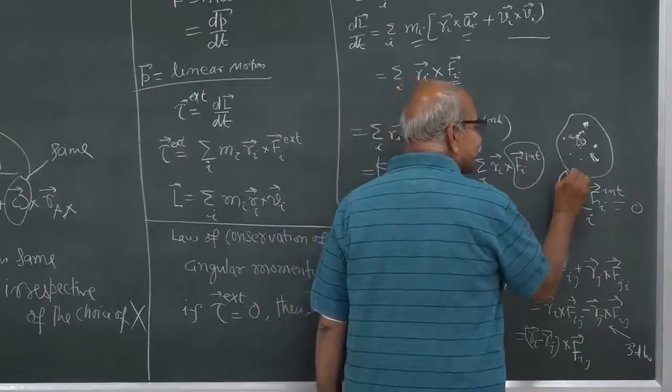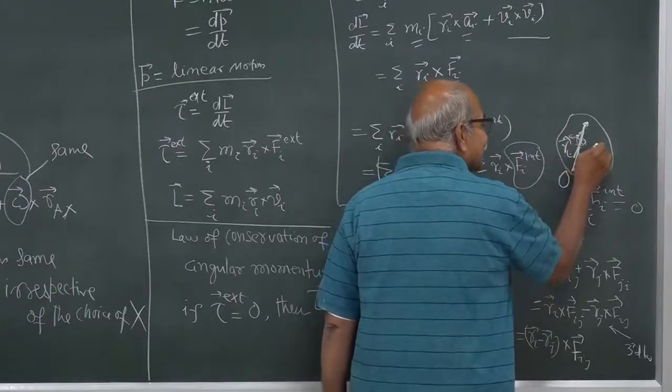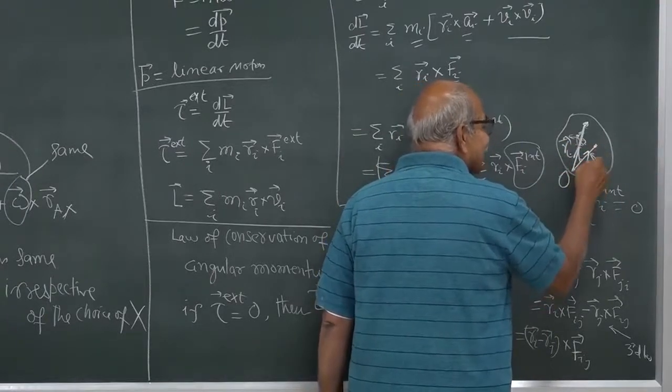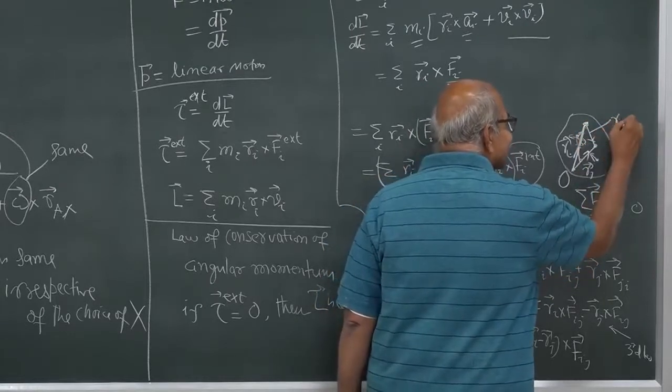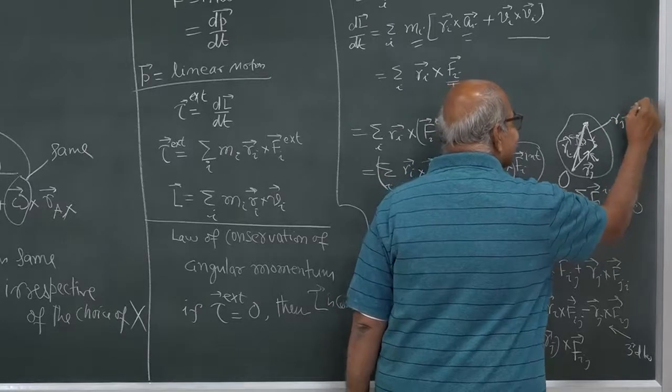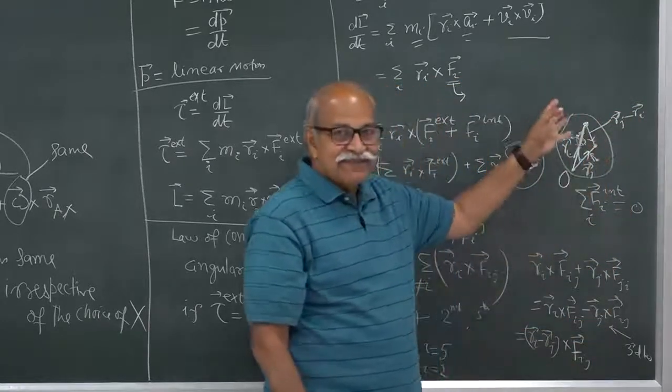Somewhere the origin is here, this is my Ri vector, this is my Rj vector, and then this vector is Rj minus Ri, or this vector is Ri minus Rj.